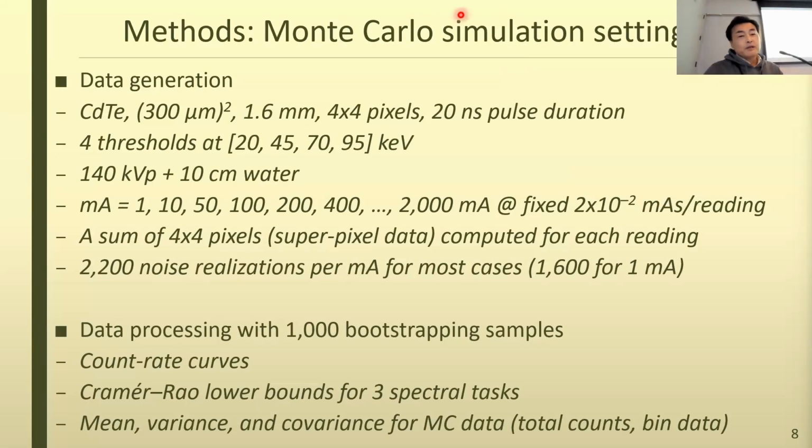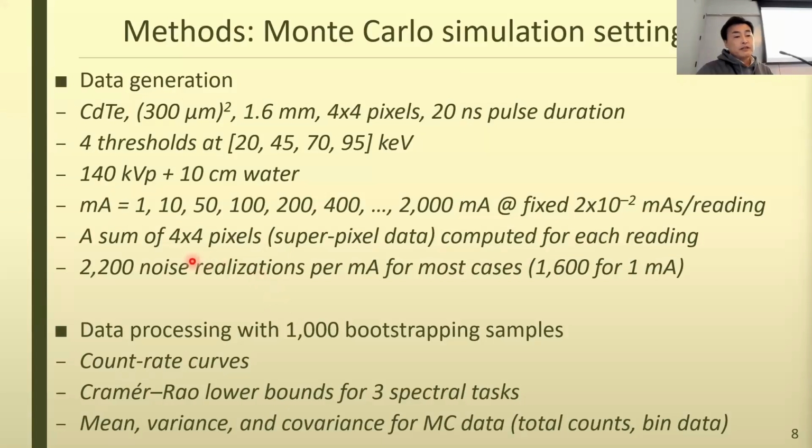So we started with Monte Carlo simulations, and the data were generated for the cadmium telluride detector in this configuration, focused on 4x4 pixels. The pulse width was a reasonable pulse, not a triangle pulse or anything like that. We had 4 thresholds, and we changed the tube current from 1 mA all the way to 2000 mA at fixed mAs levels.